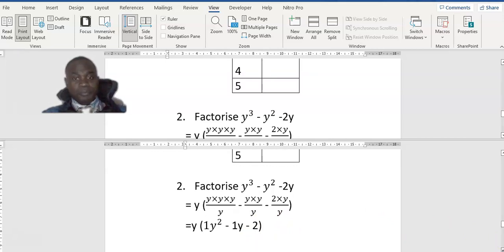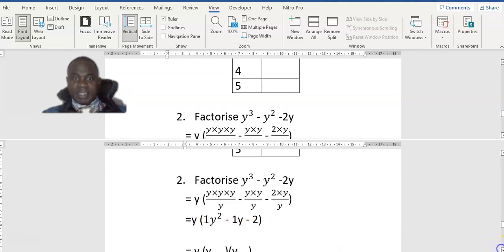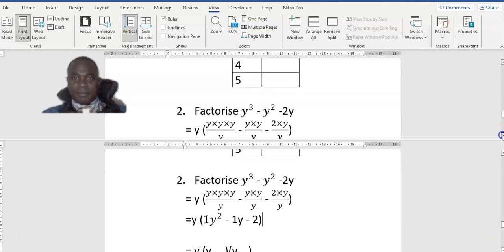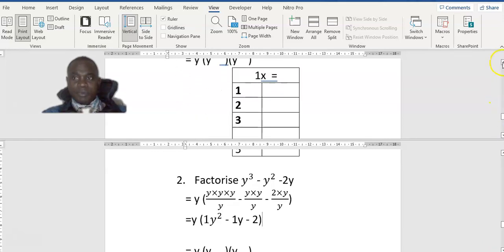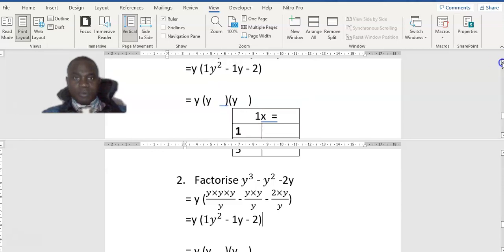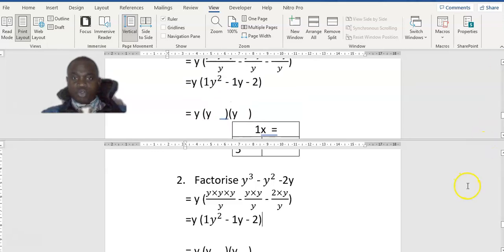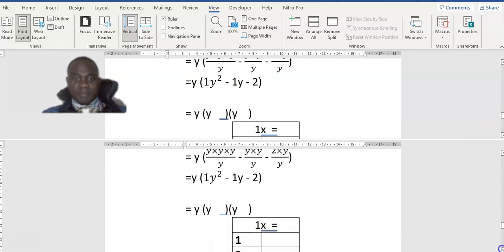Then we need to factorize what we have in this bracket. So we are interested with this one.